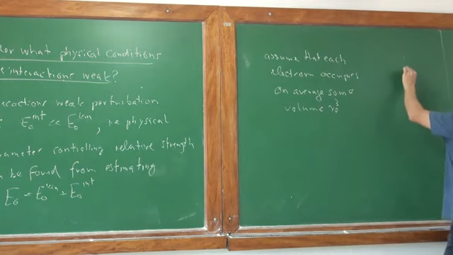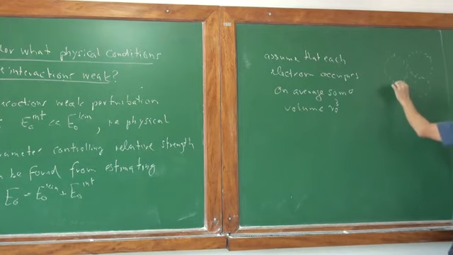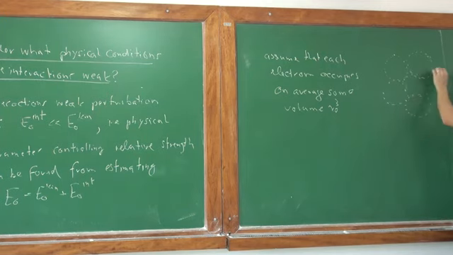So let's think of the entire system as consisting of these spheres, which are the typical space occupied on average by an electron. You have interactions, so electrons don't want to come too close to each other.